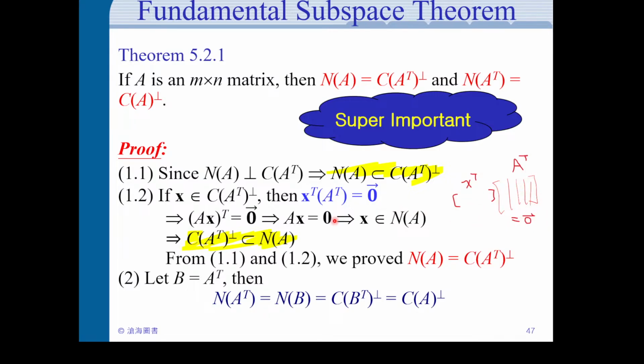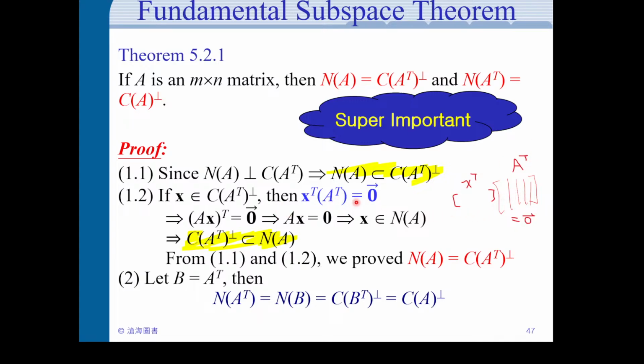We say a lot, but the end result is just that x transpose multiplying A transpose is the zero row vector. This should be quite straightforward, but there is a bit of notation because we transpose a lot of things around. So this zero row vector is x transpose times A transpose.